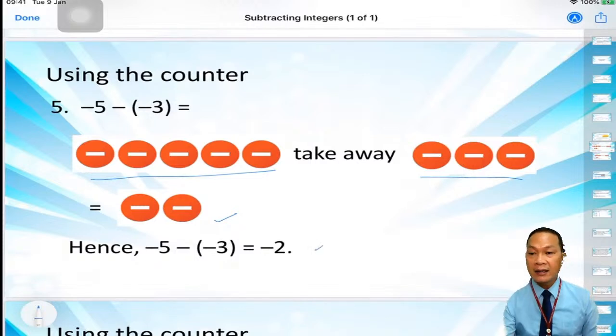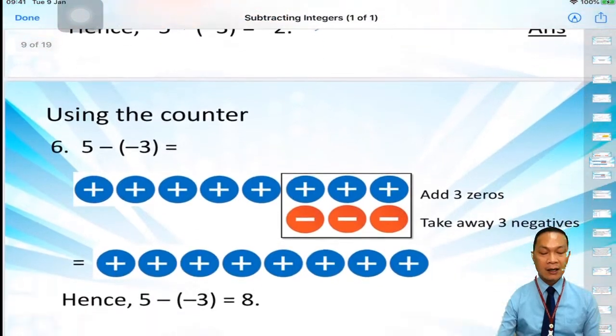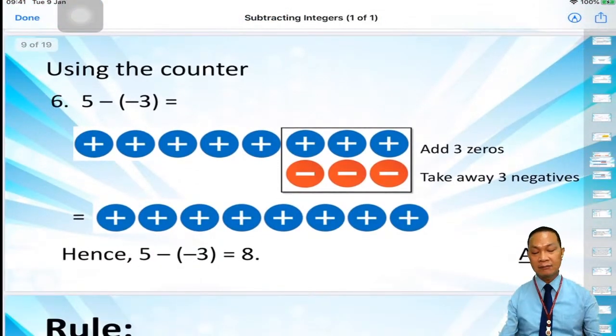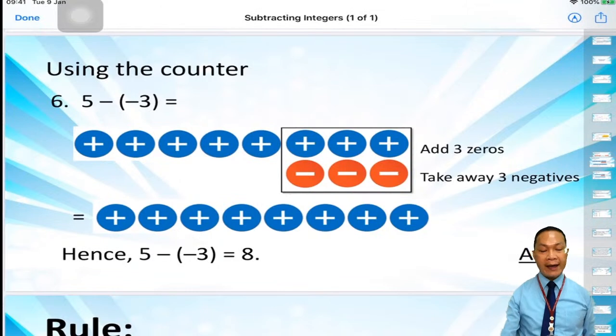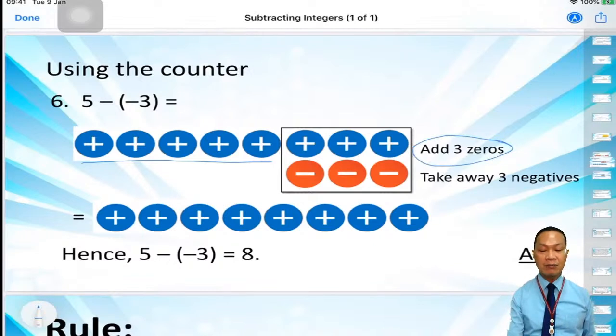Alright, next. Using the counter again, we have 5 minus a negative 3. So we have here 5 positives. And to find the answer using the counter, we're going to add 3 zeros. 3 zeros means 3 positives and then 3 negatives is equal to 0.